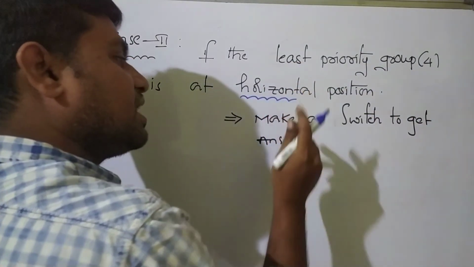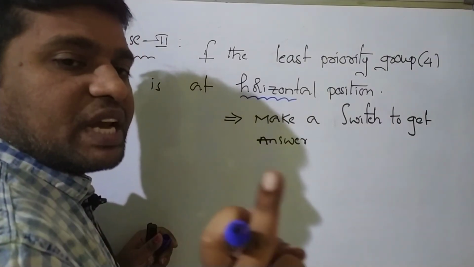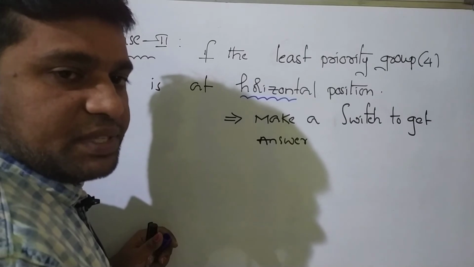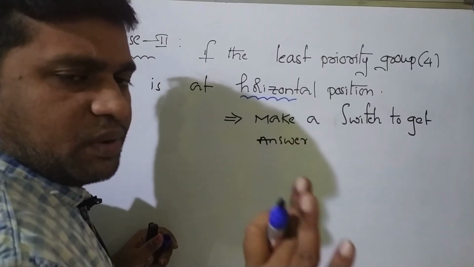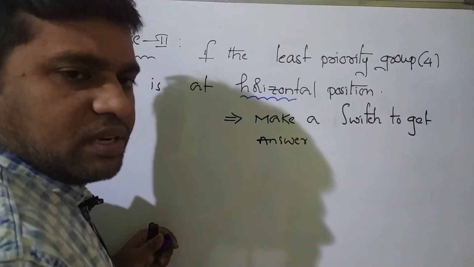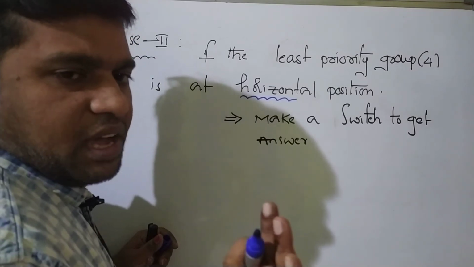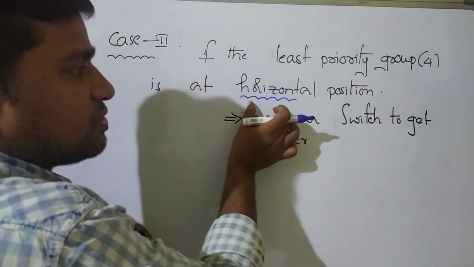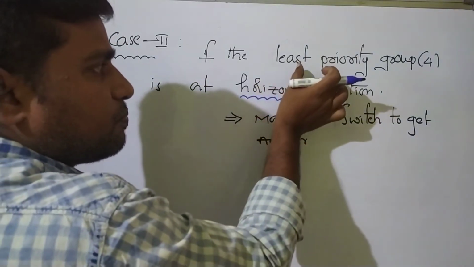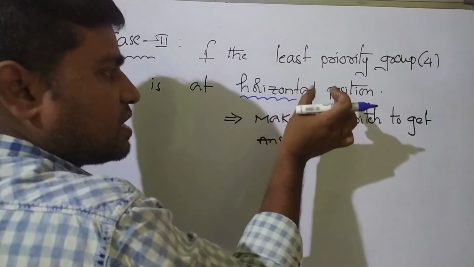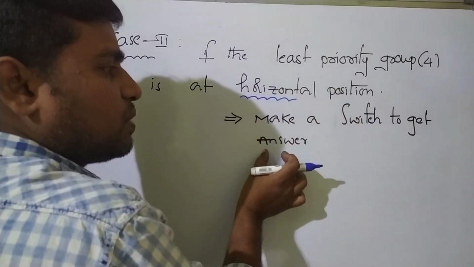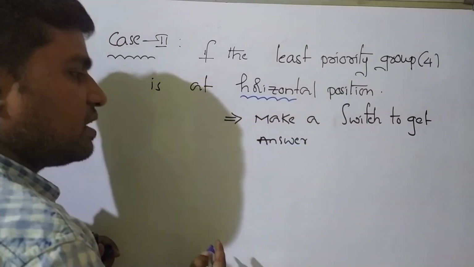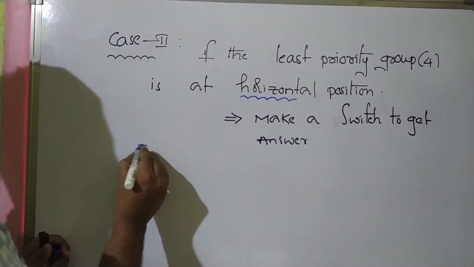In the previous case, the fourth priority, means the least priority, was at a vertical position. With the simple rotation, if clockwise rotation, that is rectus, R configuration. Otherwise, S configuration. But in this case, if the least priority is at horizontal position, to get the answer we must go through a switching process. I will explain, very easy. One example.